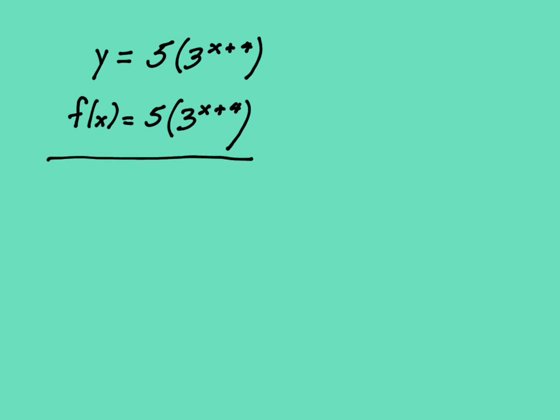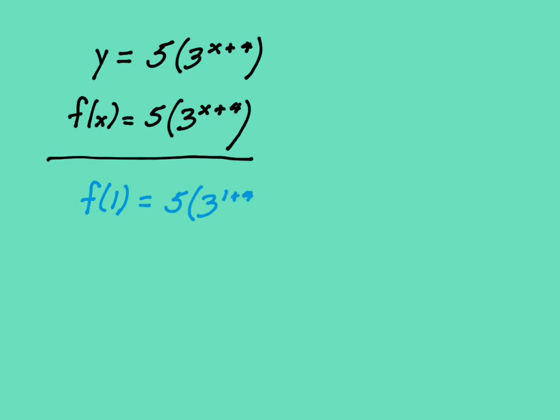And let's say for a moment that we want to find a few values. Let's say we want to find f of 1. Well, what that means is I'm going to put 1 in for x.